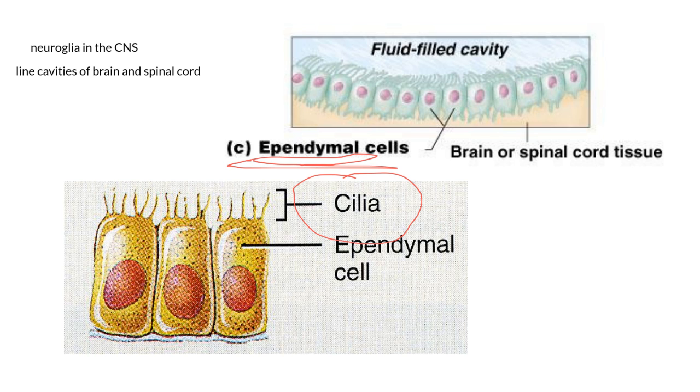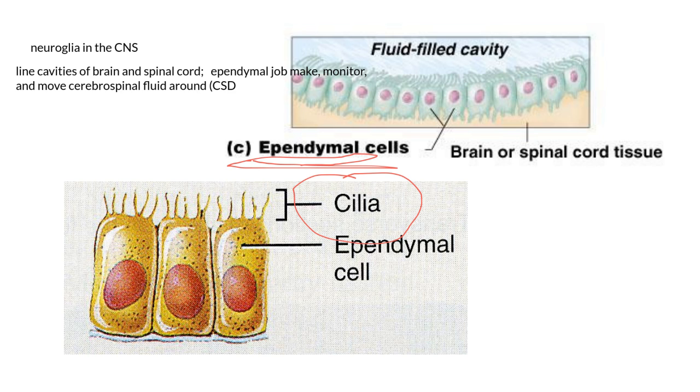So the brain is not completely solid and the spinal cord is not completely solid. It has some hollow parts in it. And those cavities are going to be made of fluid. And that fluid is the cerebral spinal fluid. And so the ependymal cells, their job is to make, monitor, and help move the cerebrospinal fluid around.